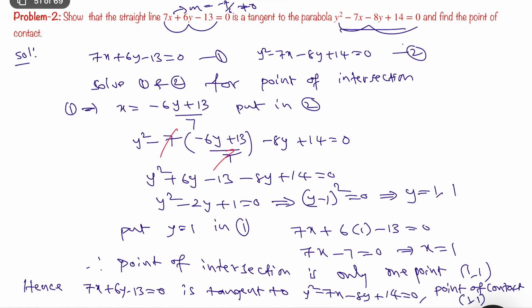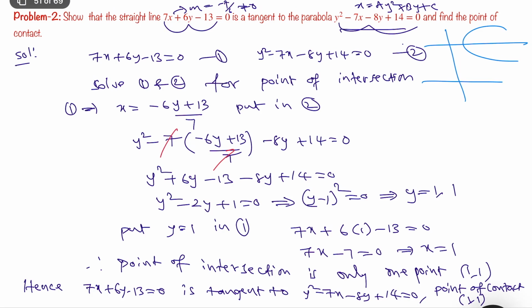Okay, fine. One thing we have to keep in mind here. First of all, this parabola equation we can write like x equal to ay square plus by plus c, that is, x equal to some quadratic function of y. So this is a parabola whose axis is parallel to the x-axis.